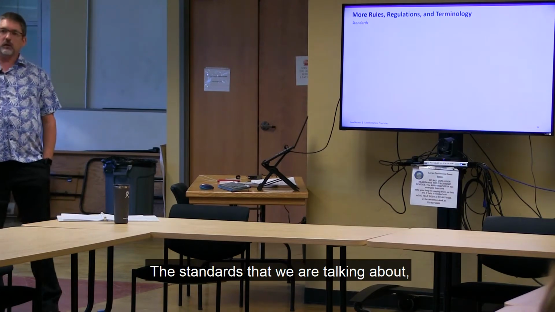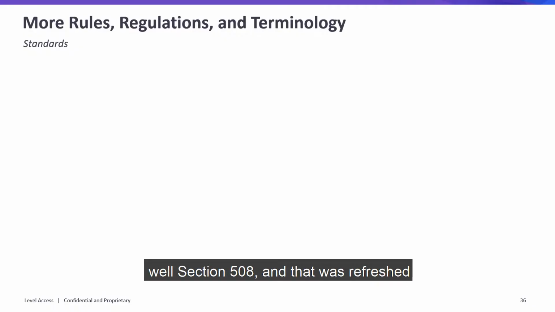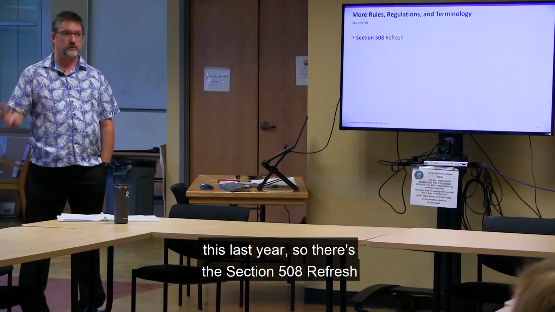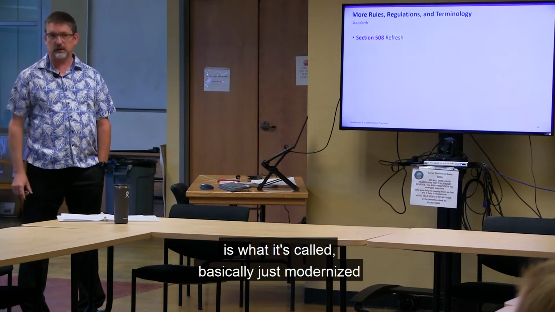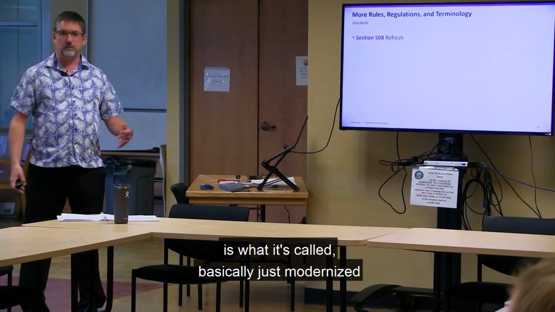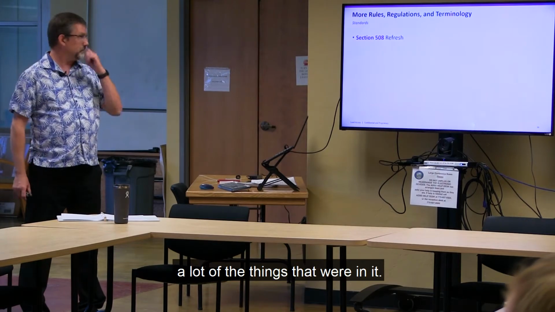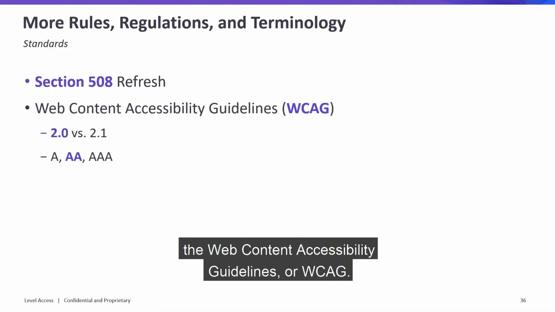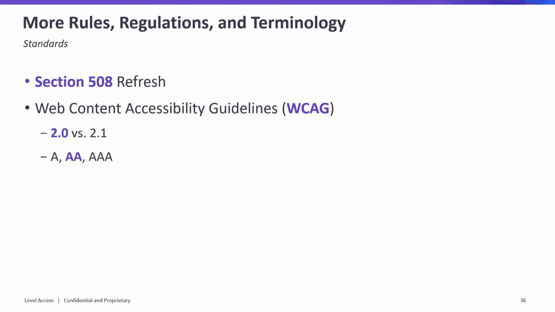The standards that we're talking about, well, Section 508, and that was refreshed this last year. There's the Section 508 refresh, what it's called. Basically just modernized a lot of the things that were in it. The most important one that you're probably going to worry about is what's called the Web Content Accessibility Guidelines, or WCAG.